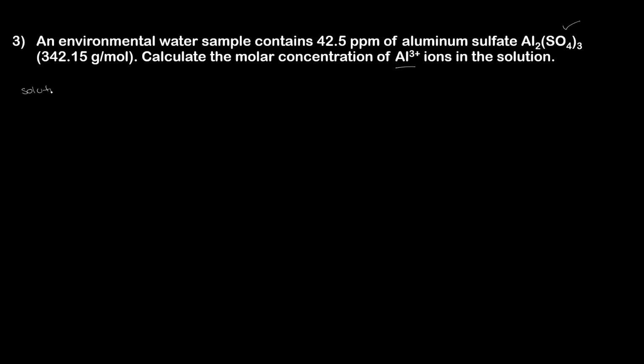So for the solution, let's start with the given concentration, which is in ppm form. And remember, ppm is the same as milligram per liter. Simply equivalent. Then convert milligram to grams. 1000 milligrams is 1 gram.